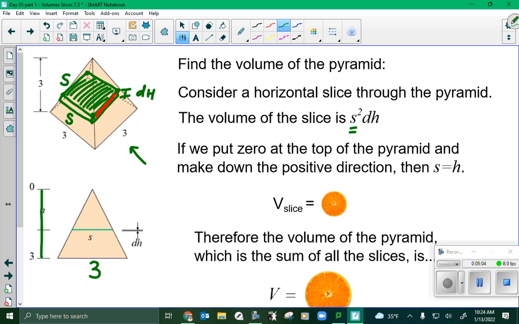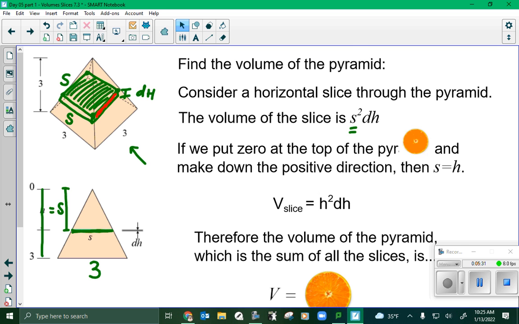So whatever this dimension is, we're going to call it S, is the same thing as this dimension, the height, S. All right? That's all that's saying. So if I make S equal to H, S is equal to H, all right, then the volume of the slice is now H squared dH.